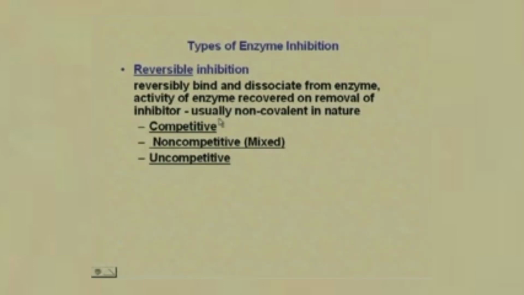And the association, as we studied in the previous class, is usually non-covalent in nature. So you just have a loose association of the enzyme and the inhibitor, just like you have the enzyme and the substrate. The reversible inhibition can be of three types. You can have competitive inhibition, non-competitive inhibition, and uncompetitive inhibition. We'll see how these three different types are going to change the overall activity of the enzyme and how they occur. So these are the three different types of reversible inhibition.